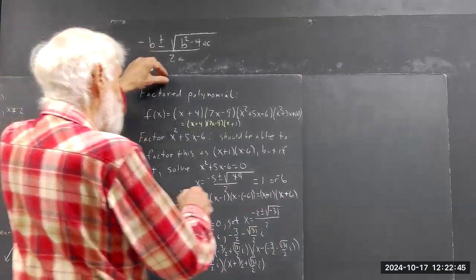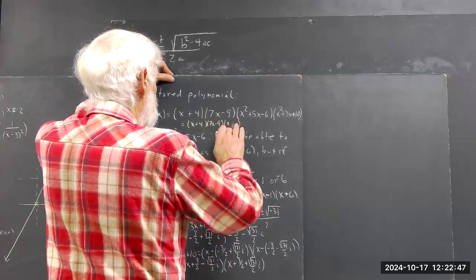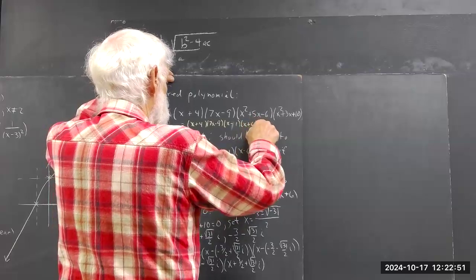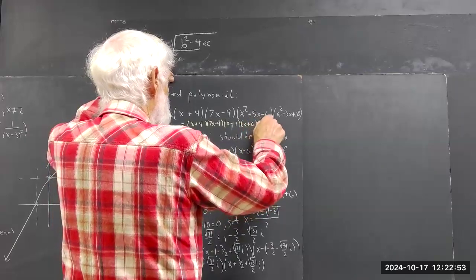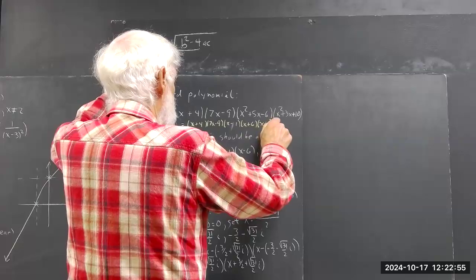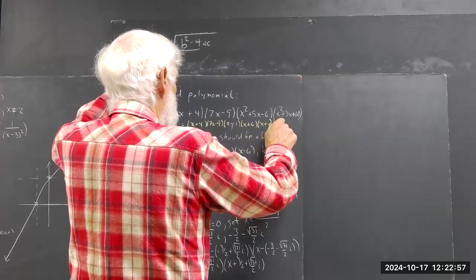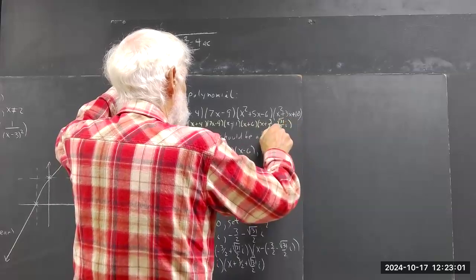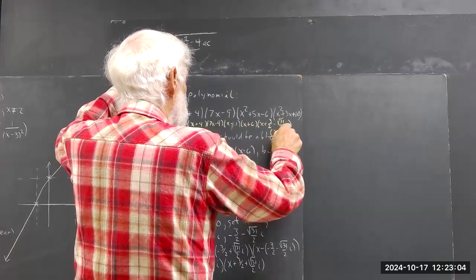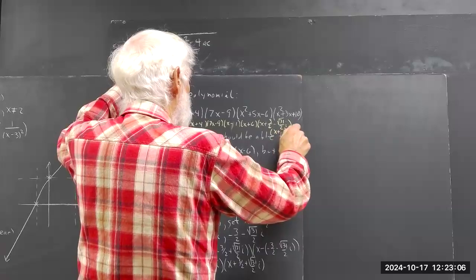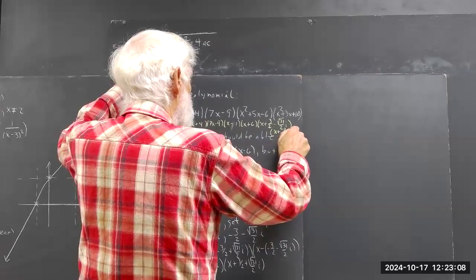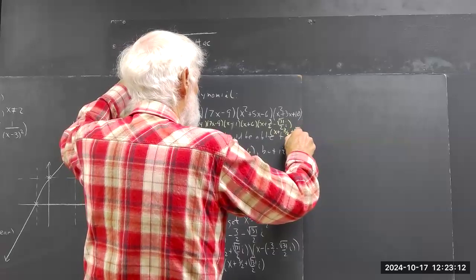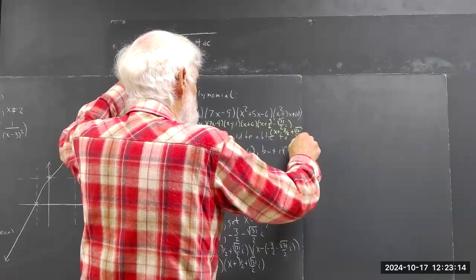Anyhow, it's x minus 1 times x plus 6 times x plus 3/2 minus the square root of 31 over 2i, times x plus 3/2 plus square root of 31 over 2i.